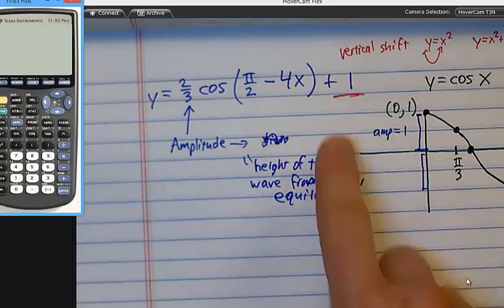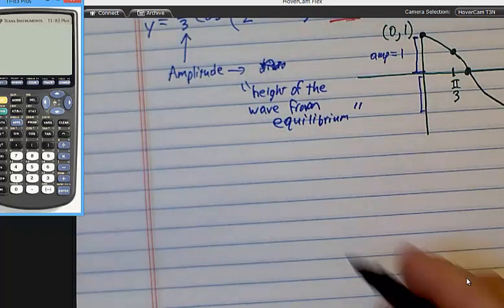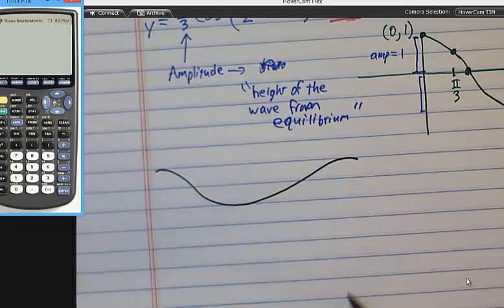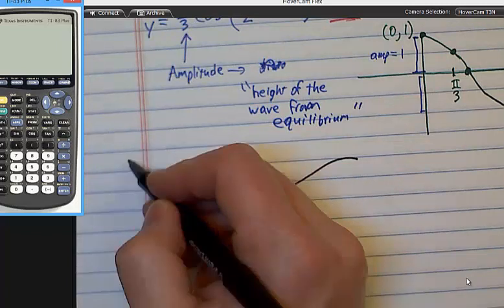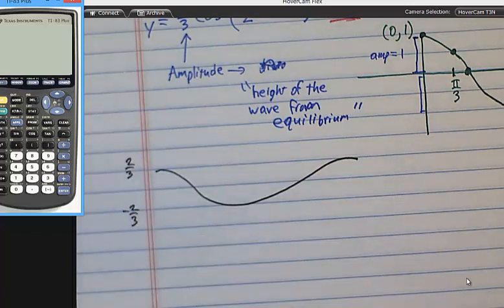Same thing here. My basic wave function, which normally might go up to 2/3 and down to negative 2/3, is now going to be shifted up 1.